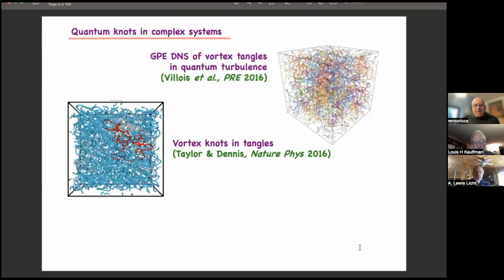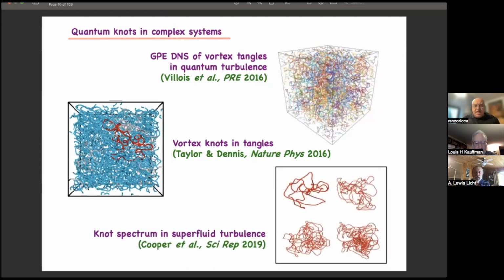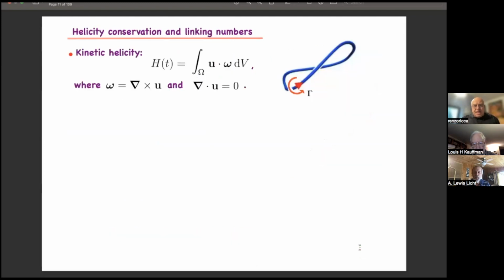Then more recently, we have vortex knots in optics, in geometric optics, and also the evidence that indeed these defects can form highly complex knots in superfluid turbulence. So this is just basic information about the relevance of knots in quantum systems.